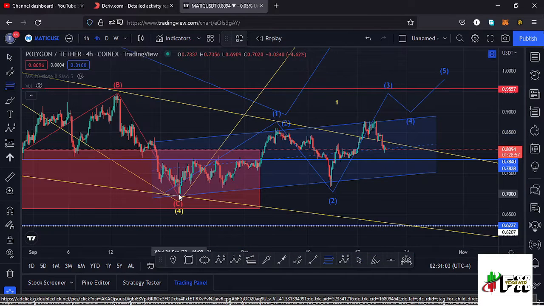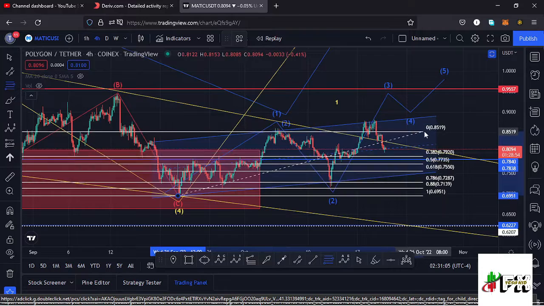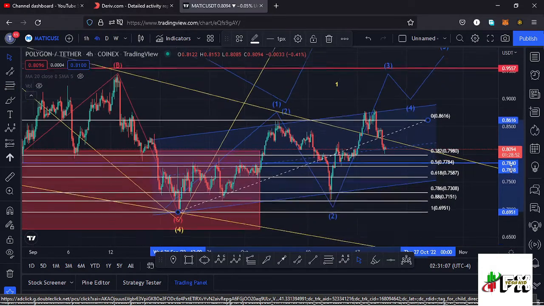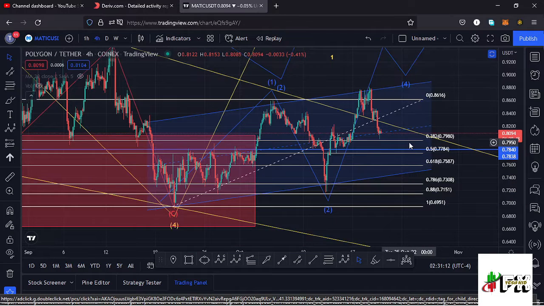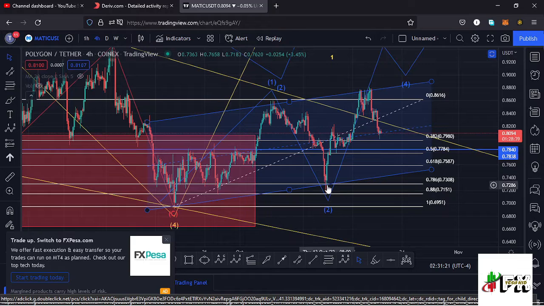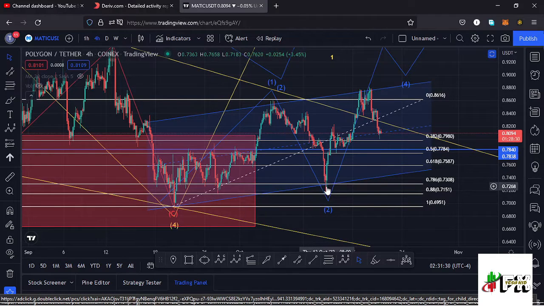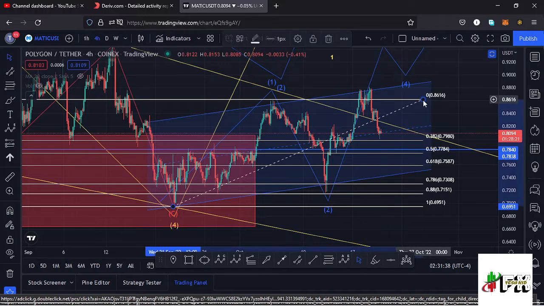And if I use the trend-based Fibonacci connecting the low of the wave 1 to the high of that wave 1 to get to see whether this wave 2 has retraced into the minimum target area between the Fib level 0.382 and the Fib level 0.618, you can see we came down into that target area and even overshot it a little bit and went back to around the Fib level 0.78, which perfectly lies at a key area of support at around the $0.73 mark. And we saw a very nice bounce to the upper side because of that support, in a movement that we can term as a third wave to the upper side.